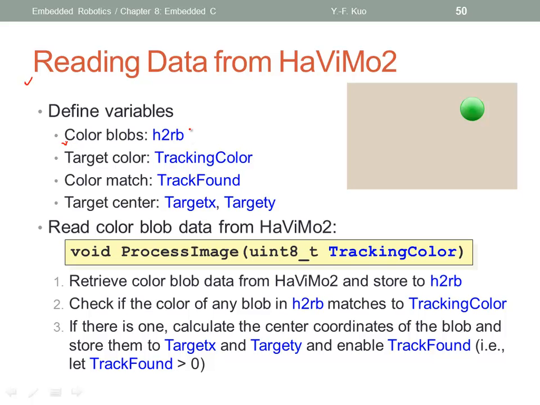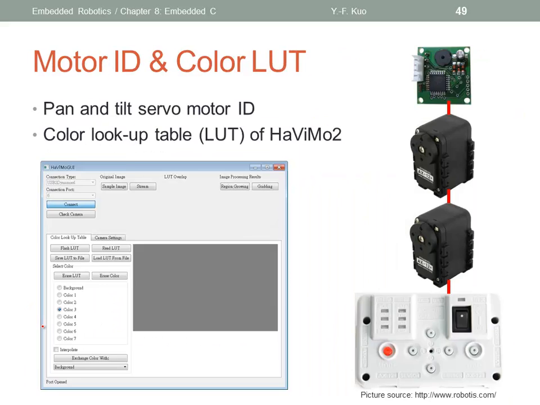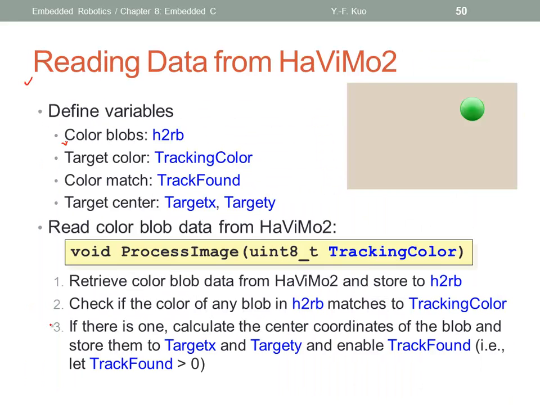This is basically the structure that we defined previously. And we have another variable, tracking color, used to define what color we want to track. And another variable called track found, to identify if any color in those color blocks matches the tracking color.